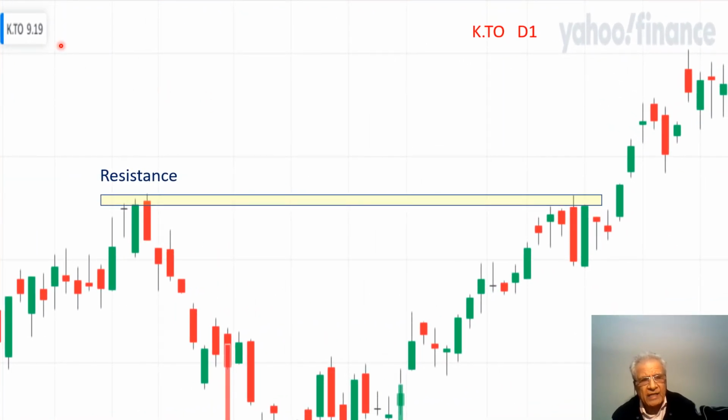This is Yahoo Finance K-Stock D1 time frame. That is the same graph as we saw before, and I magnified this part so that you can see it clearly. Now, when the trend is upward, like here, the buying power is very strong, and the speed and the acceleration and momentum is very high.